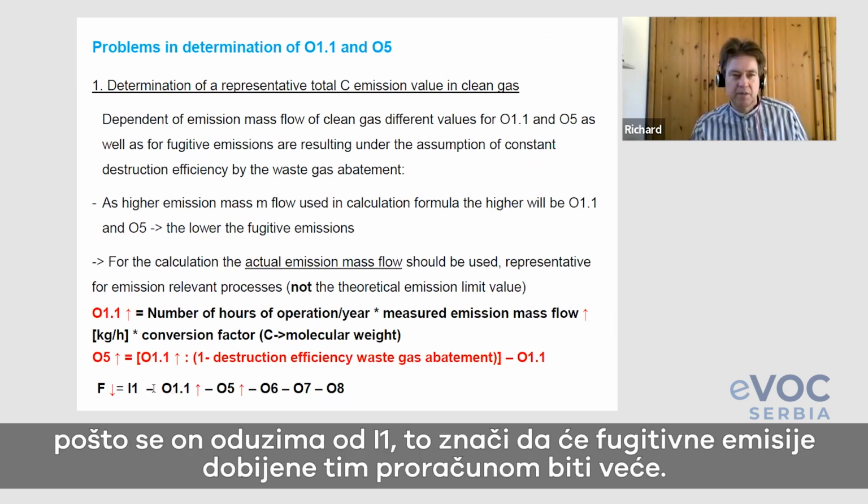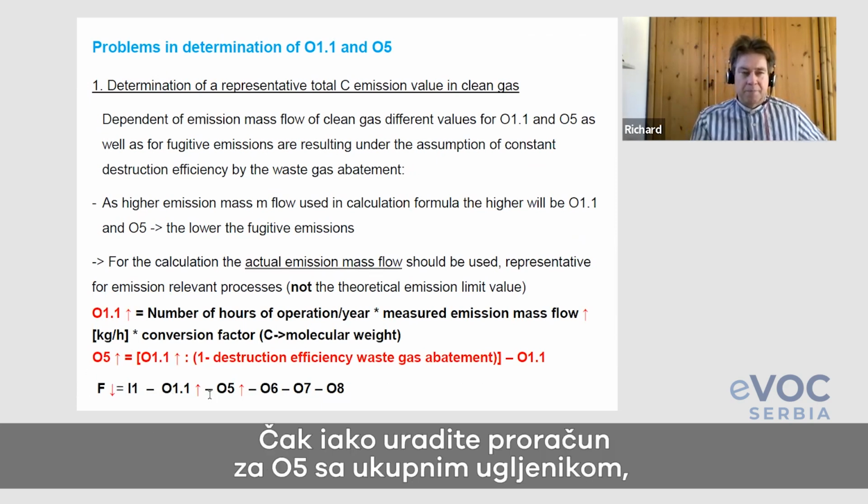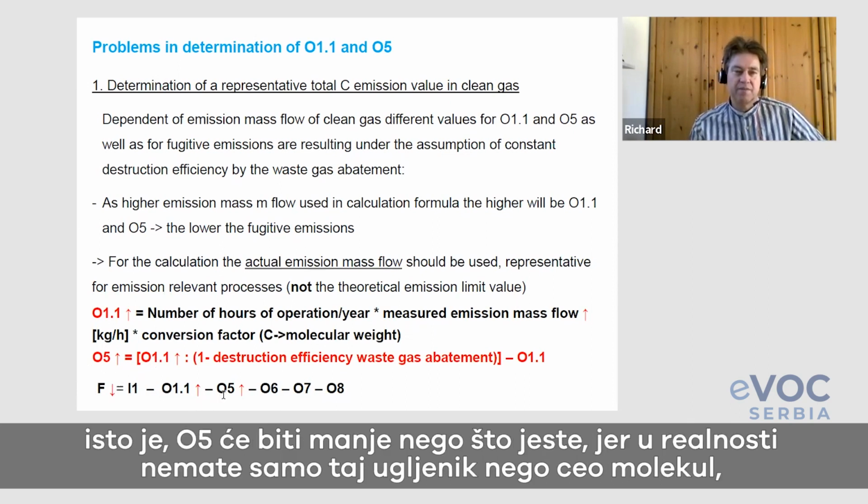That means you subtract it from I1, so the fugitive emissions you calculate will rise. So it's conservative. If you do the calculation with total carbon for O5, it's the same. O5 will be less than it is, because in reality you don't have this carbon, you have the whole molecule.